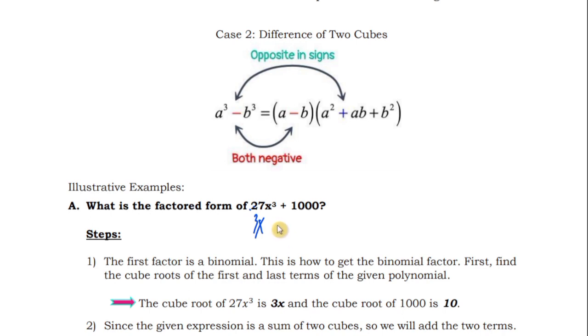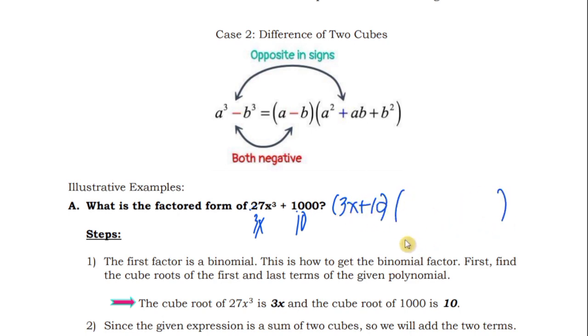Because 3x times 3x times 3x is 27x cubed. 1000 is a perfect cube, of 10, because 10 times 10 is 100, times 10 is 1000. So we now have 3x and 10. Since it is plus, the first factor now is 3x plus 10.